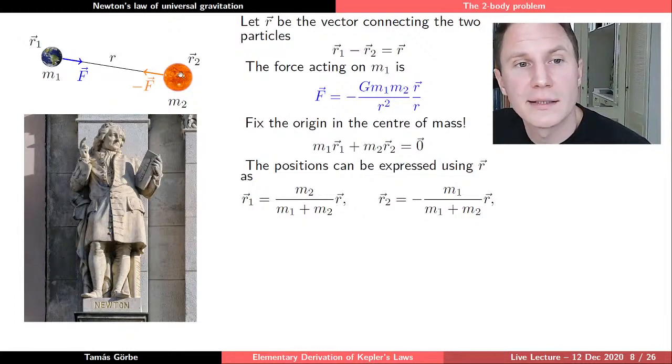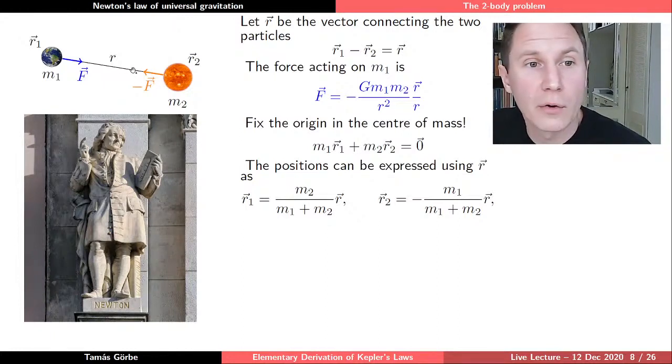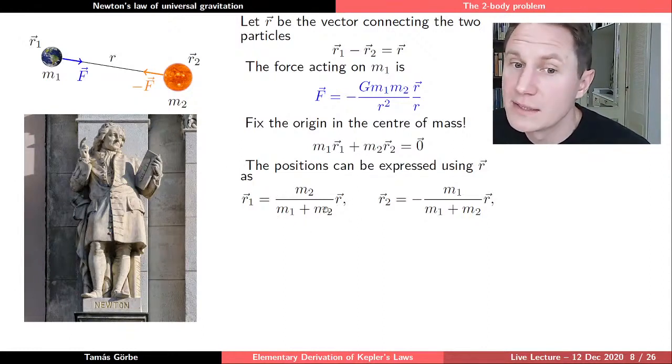I have this line segment connecting the two masses, and I put the origin in the center of mass, so r1 and r2 can be expressed using this vector r pointing from m2 to m1, just correctly rescaling r.